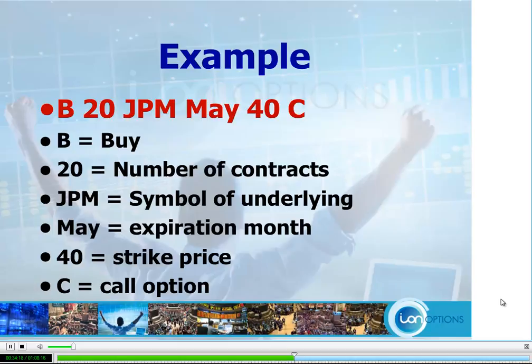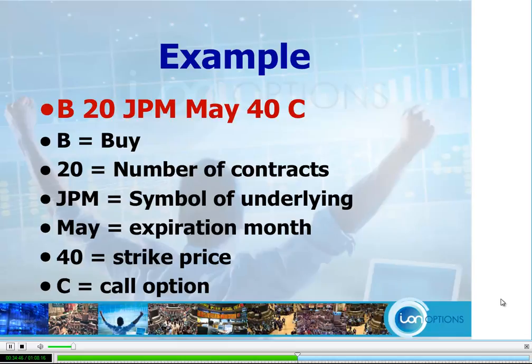B, the first thing you see there, tells you to buy or sell. Second thing is the number of contracts, in this case 20. Then we have JPM, that's the symbol of the underlying. May, that's our expiration month. And we know that that option is going to expire the third Friday, which is the last trading day.